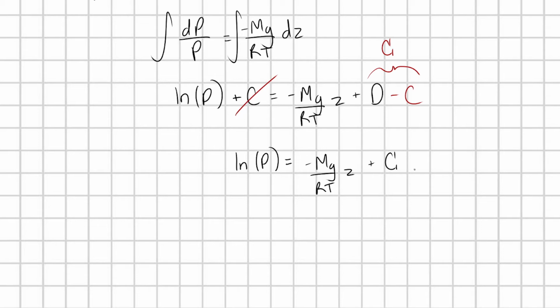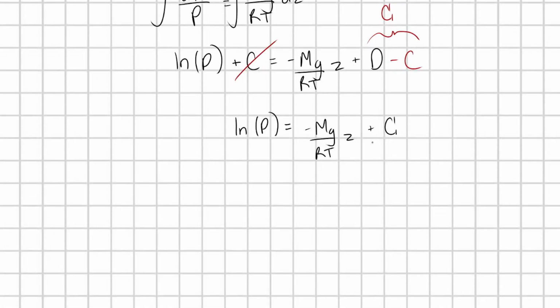And we can see from this that when we integrate both sides of this equation, we can choose to put our arbitrary constant c on whatever side of the equation that we want. And so let's go ahead and isolate p so that we have pressure as a function of our height z.